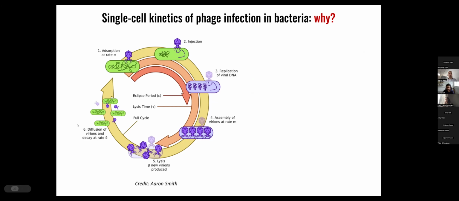Here is a schematic showing how the injection process, maybe even the adsorption due to the membrane properties, the production of new DNA, the production of the capsids and assembly, are all critically dependent on the cell physiology.